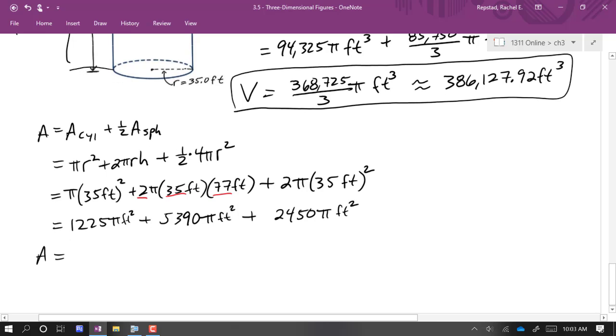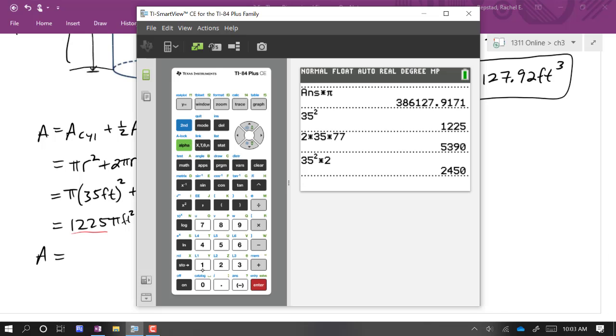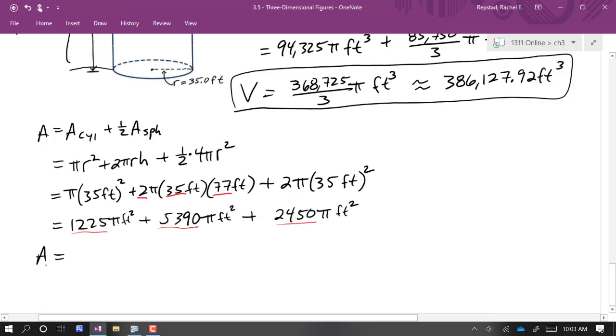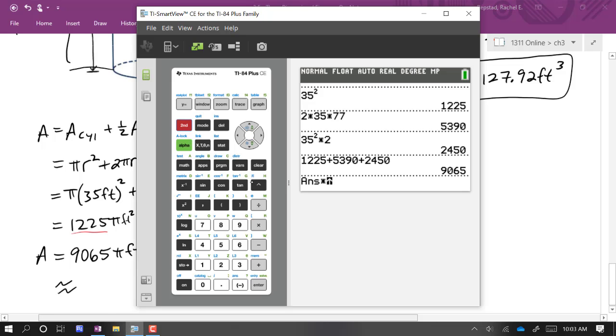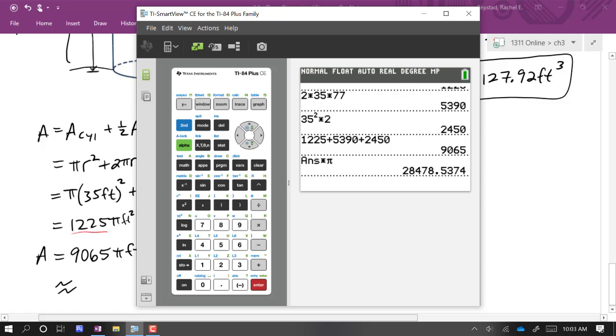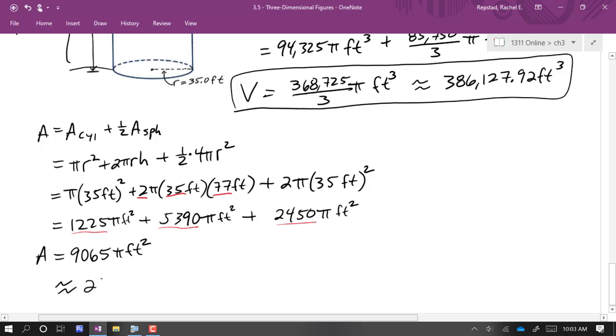So 1225 plus 5390 plus 2450 is 9,065 pi square feet, and let's approximate. 28,478.54.